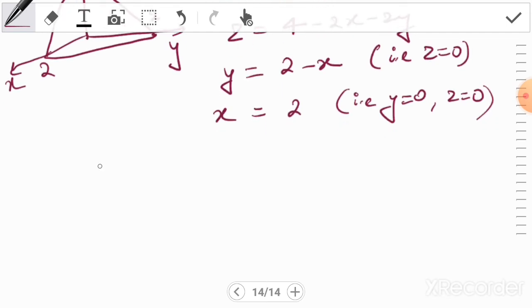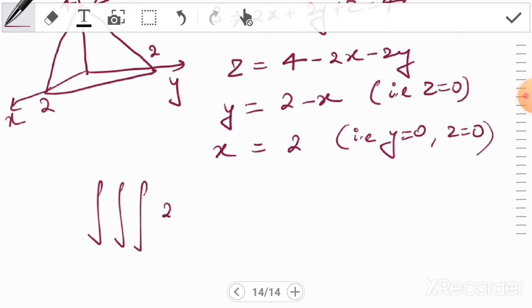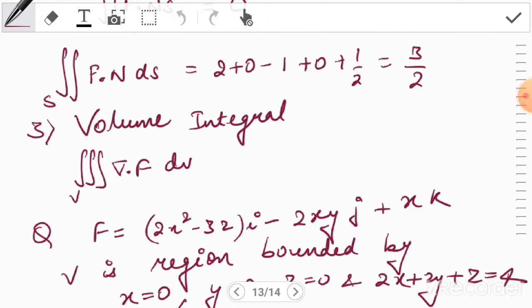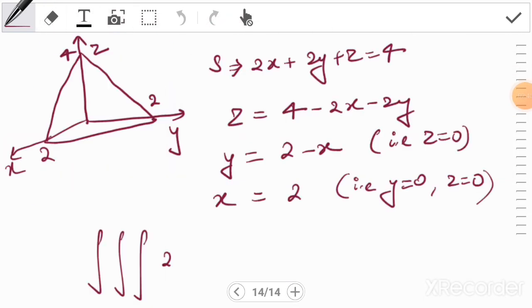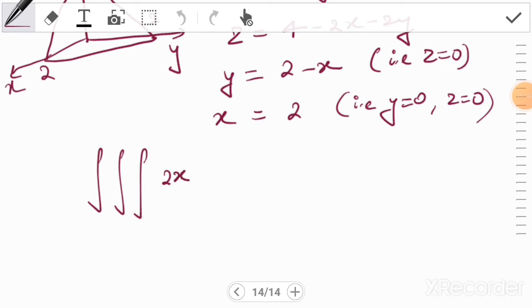Okay, so we will rewrite. del dot f was 4x minus 2x, that is 2x. So 2x dz dy dx.